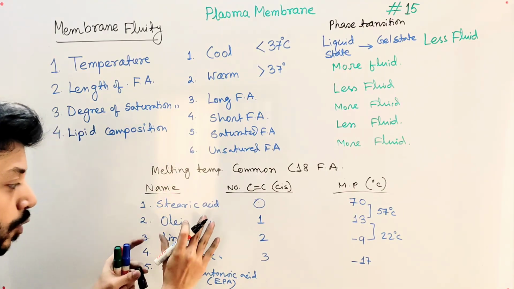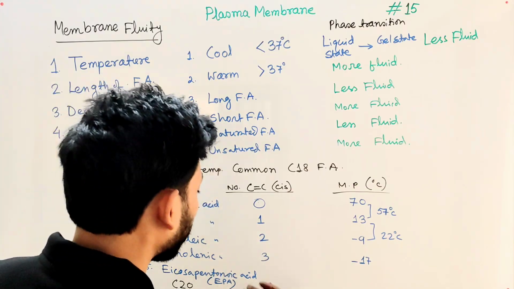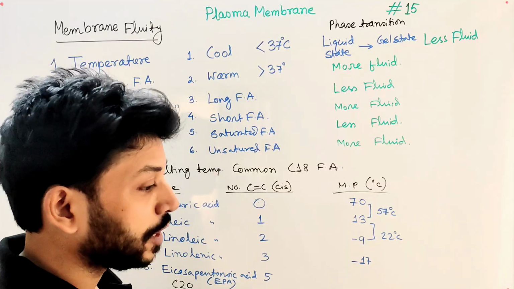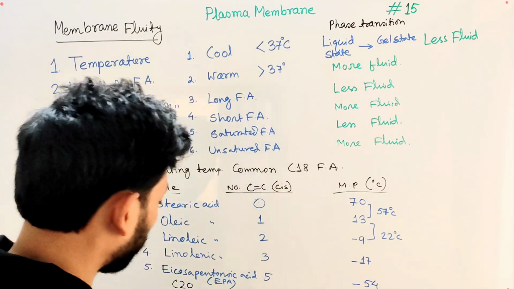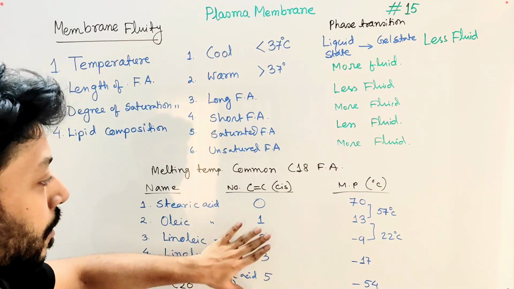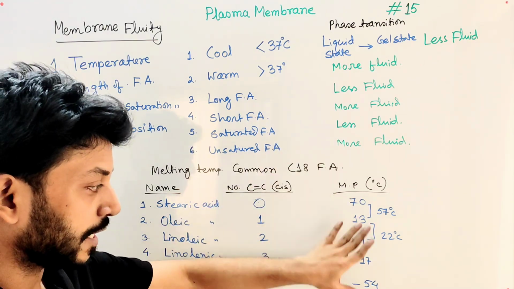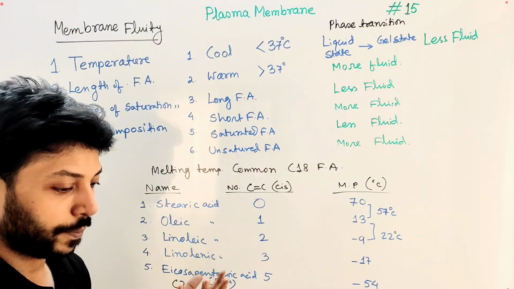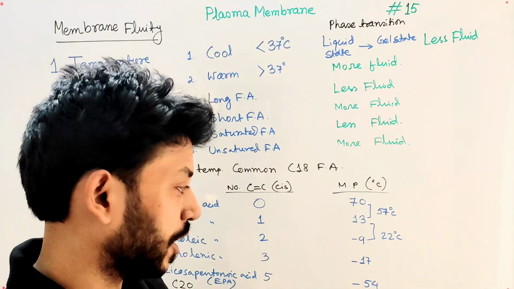It is somewhat longer, but this fatty acid contains 5 carbon-carbon double bonds, and as you will be surprised to see, the melting temperature is minus 54 degrees centigrade. So you see here, as the degree of unsaturation increases, the melting temperature actually decreases because it becomes more fluid in nature. So to melt it requires less energy or less heat.